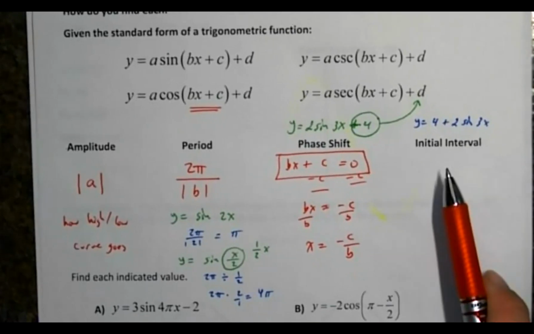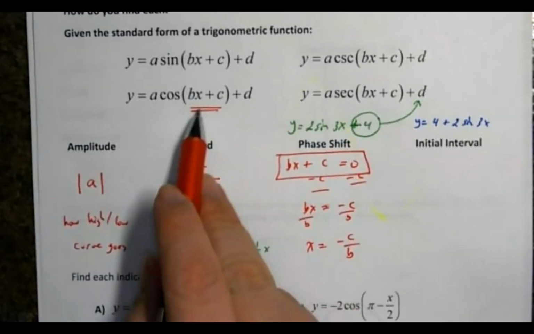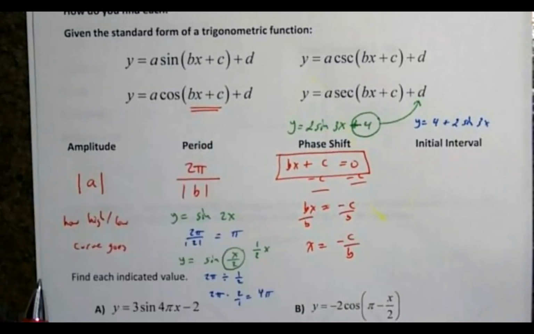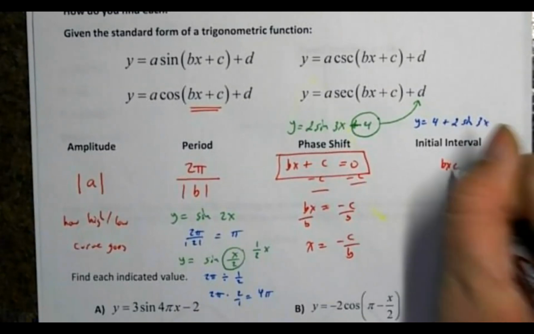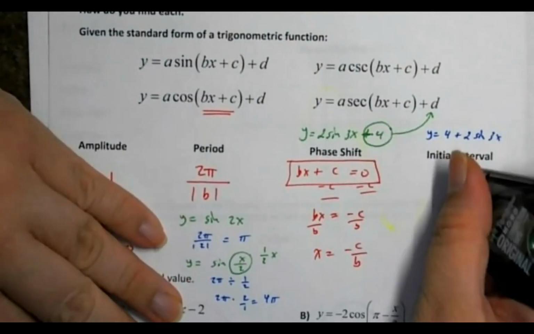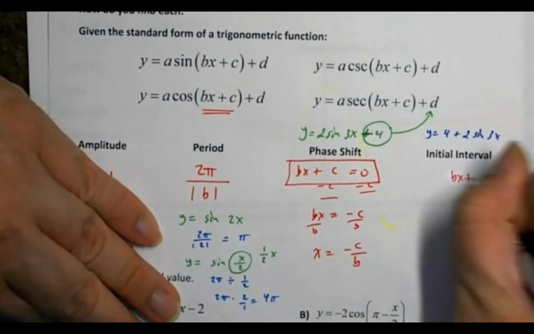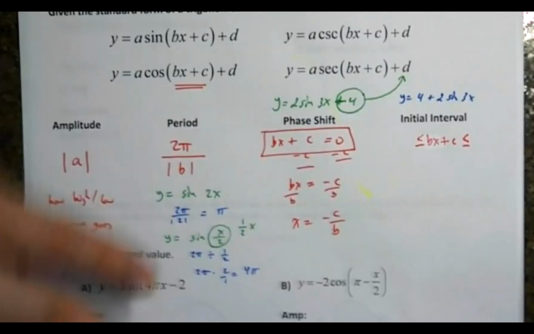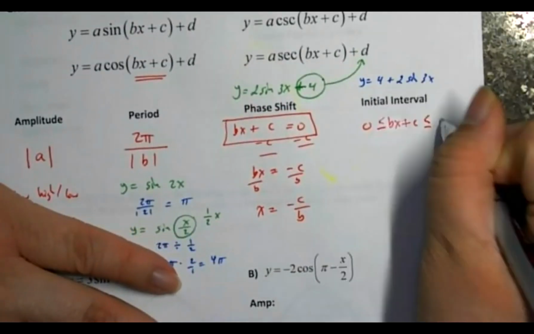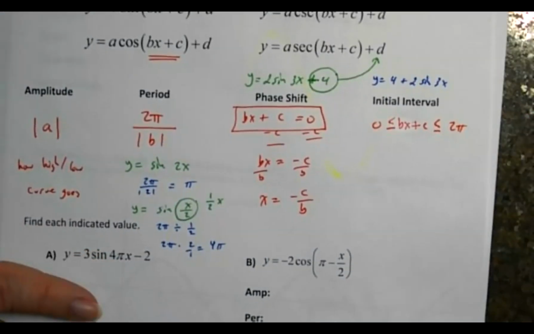The initial interval. So where does the first full cycle start and stop? For the initial interval, you take what's inside the trig function, bx plus c, and you're going to set that between 0 and 2 pi in a compound inequality, and solve that compound inequality.